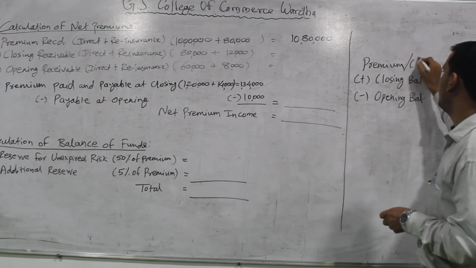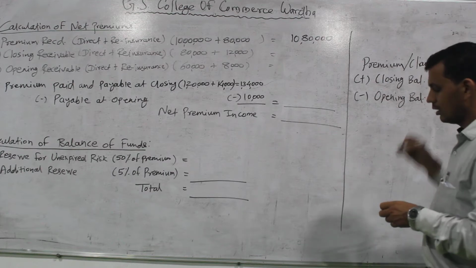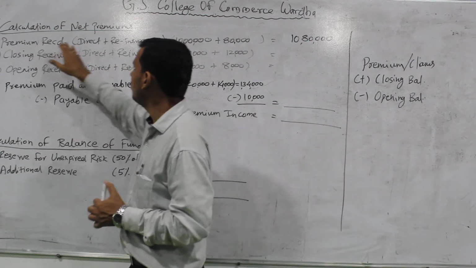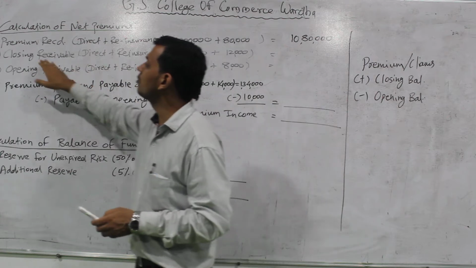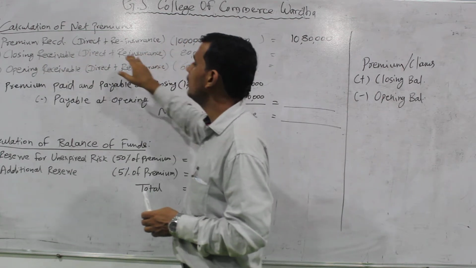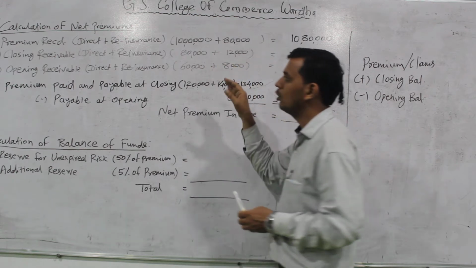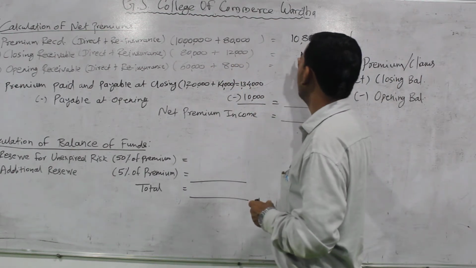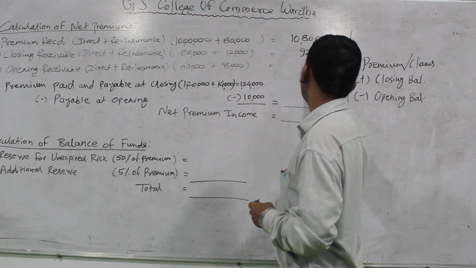We can even write premium and claims, and a similar formula would be used. So premium received 10,80,000 plus closing premium receivable from direct business 80,000 and from reinsurance business 12,000. Therefore, the total closing receivable premium is rupees 92,000.